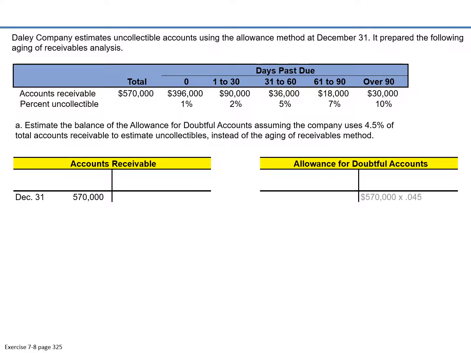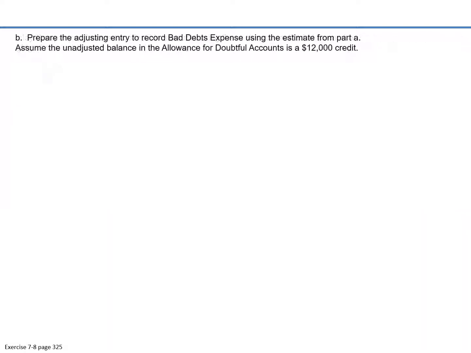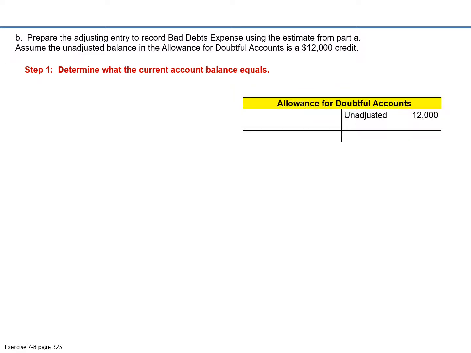So we have accounts receivable, $570,000, allowance for doubtful accounts at 4.5% of that. So prepare the adjusting entry to record the bad debt expense from A. So we have a $12,000 starting balance. $25,650 should be our credit balance in our allowance.